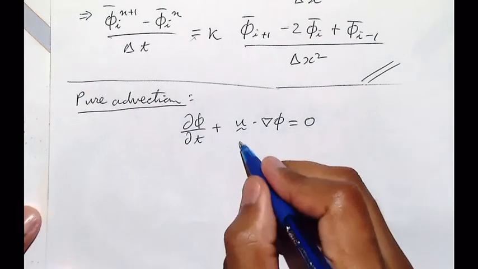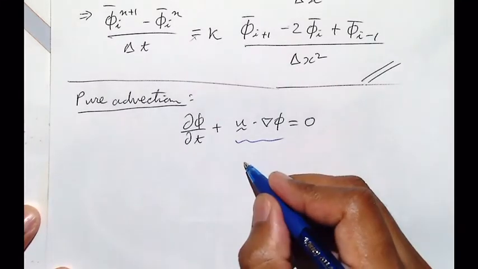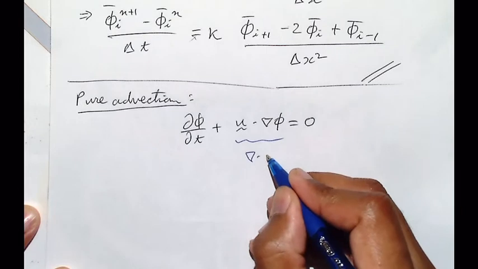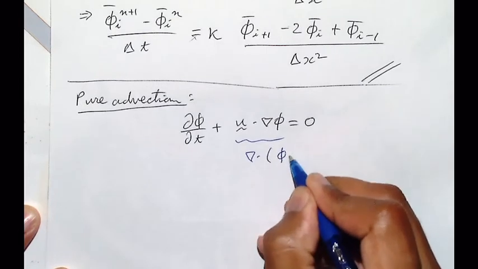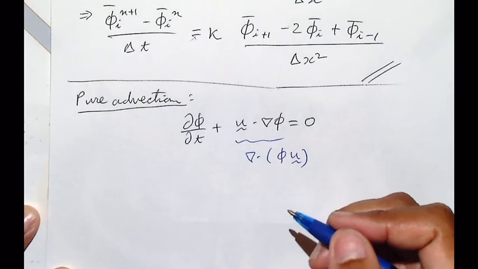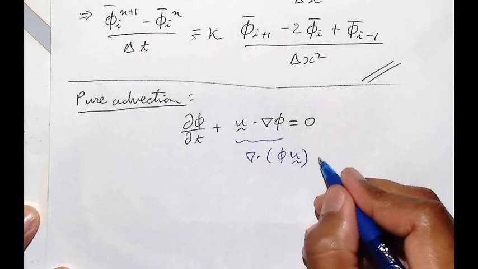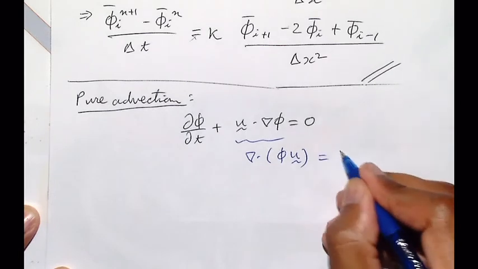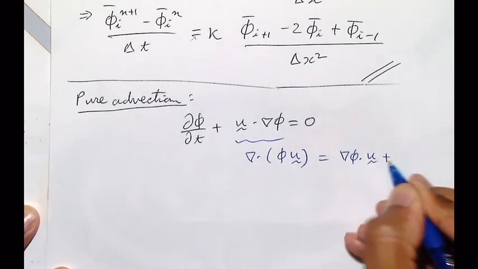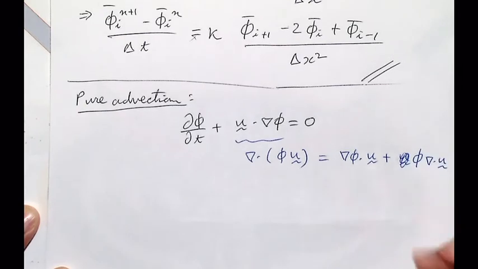This can be written as what? Del dot phi u, the divergence of phi u. Does everybody agree? Because we can consider continuity here. So if we expand this, what happens? Nabla phi dot u plus phi nabla dot u, right?